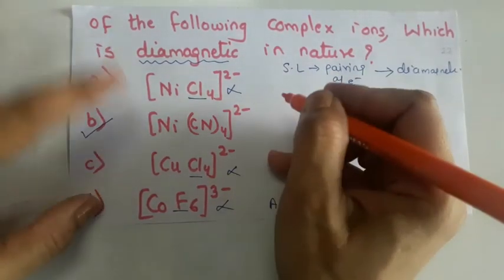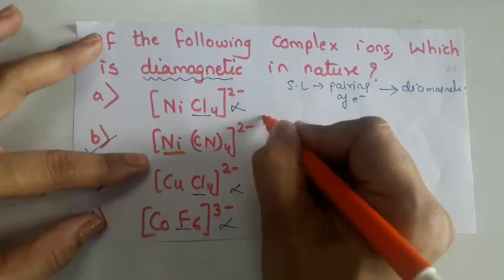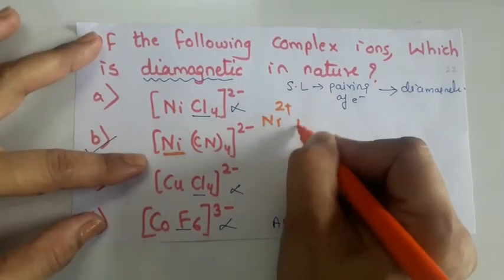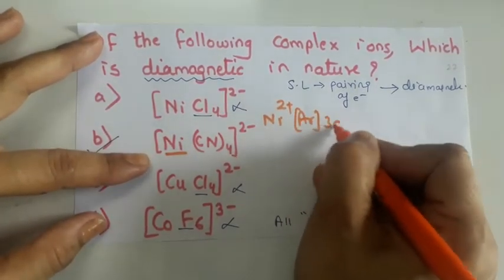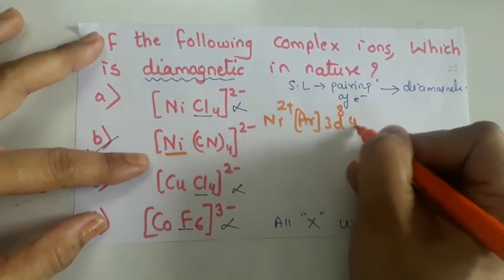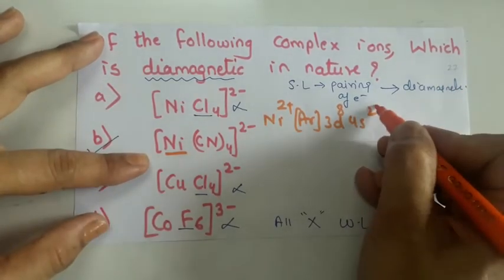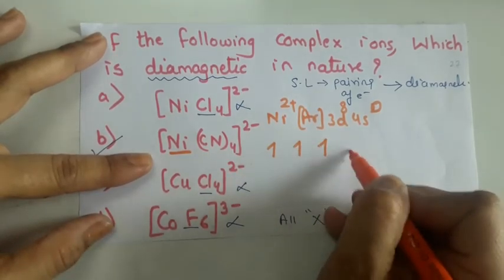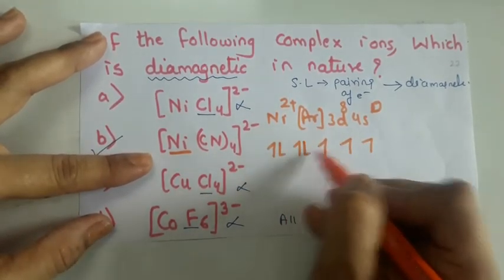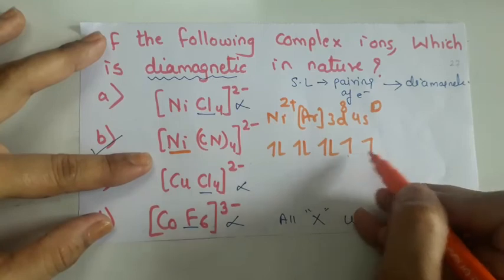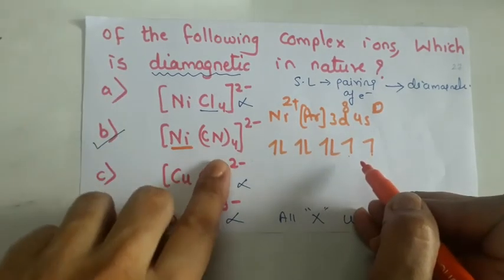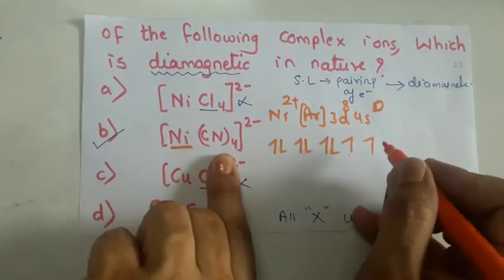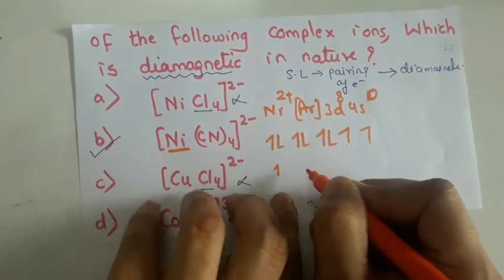So what I do is, X, it is Ni2+, that is argon 3d8 4s0. Now 3d8 means 1 2 3 4 5 6 7 8. So we have 2 unpaired electrons, but cyanide is a strong ligand. It would lead to pairing of electrons.